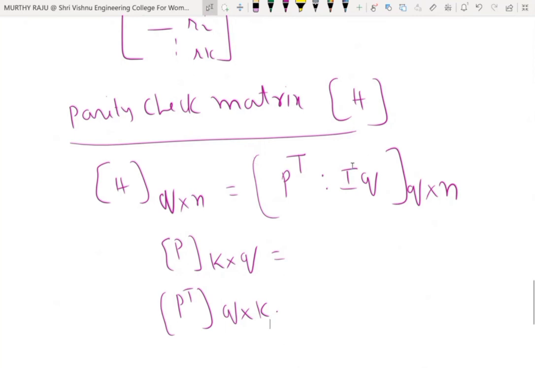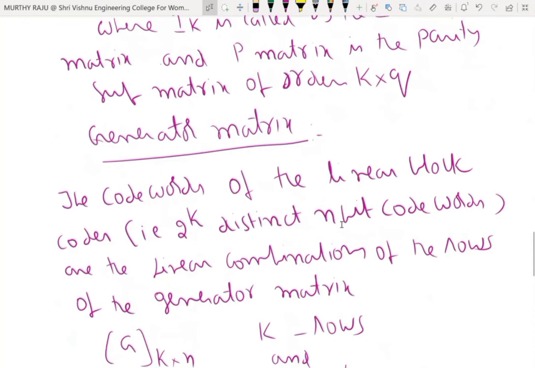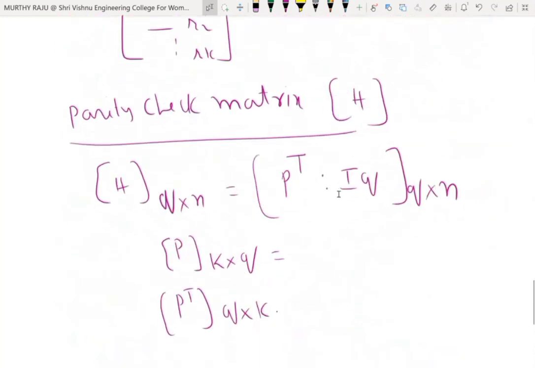And the parity check matrix, one more matrix I have to define here: H of Q cross N is equal to P transpose followed by IQ, where IQ is the identity matrix.